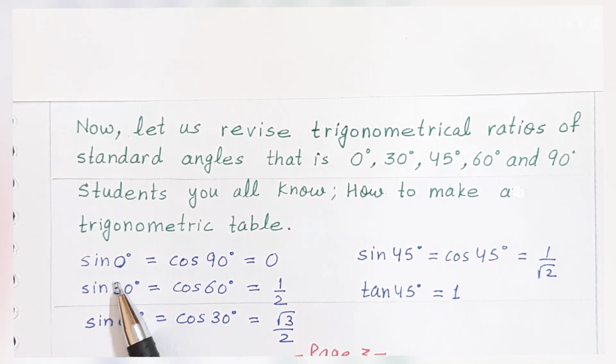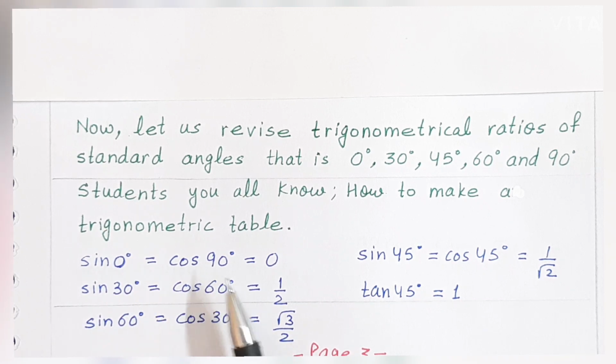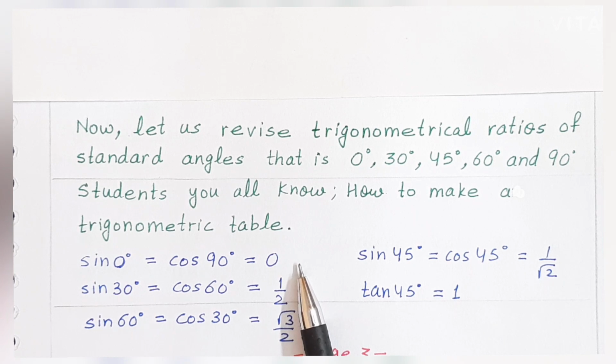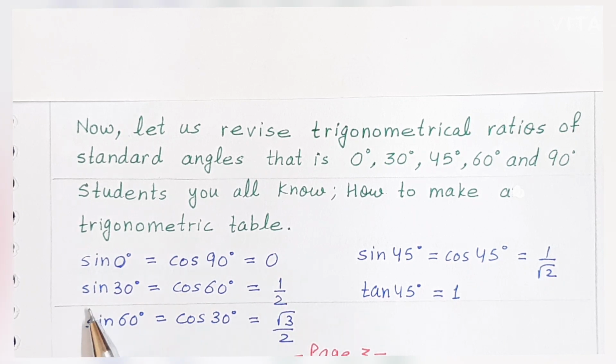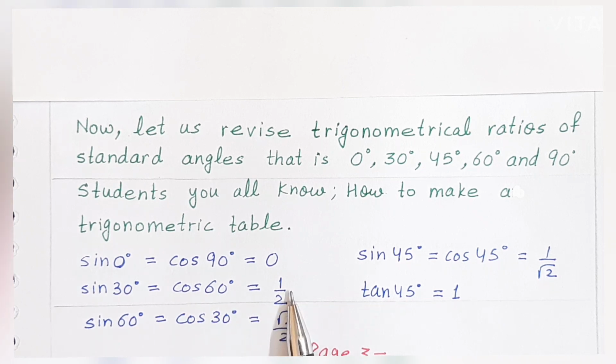Sine 0 degree is equal to cos 90 degree. That is 0. Sine 30 degree is equal to cos 60 degree. That is half. Sine 60 degree is equal to cos 30 degree. Clear?